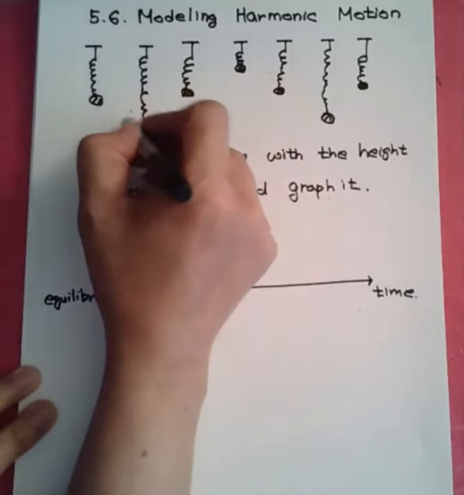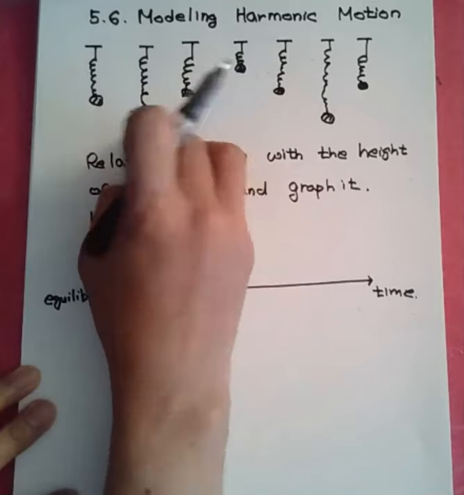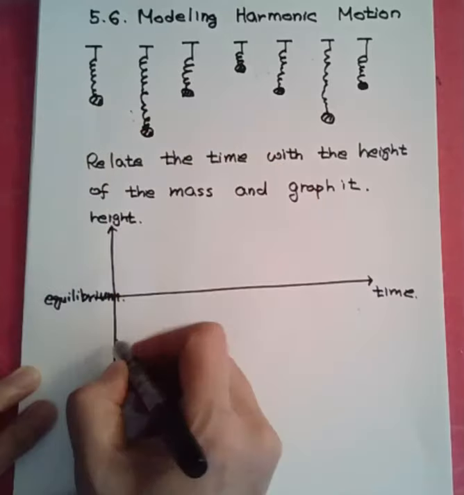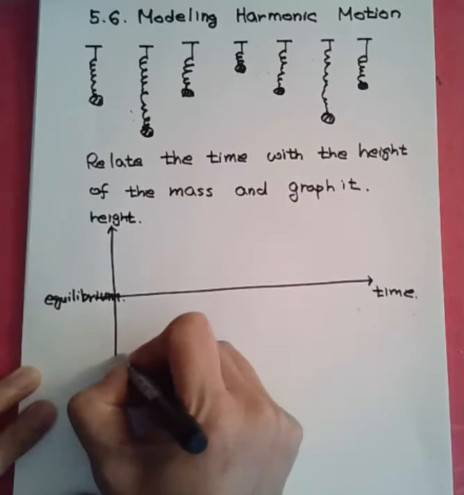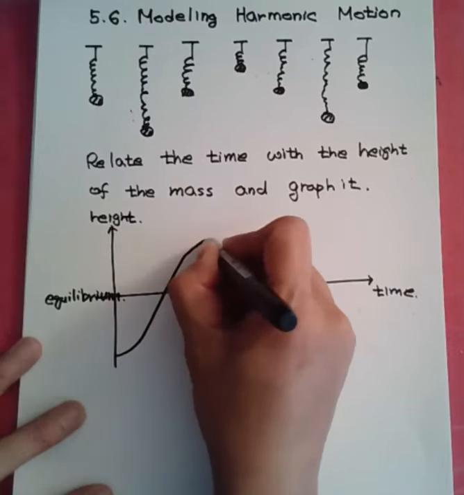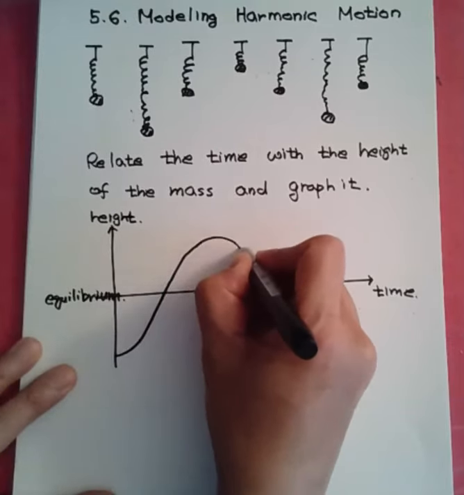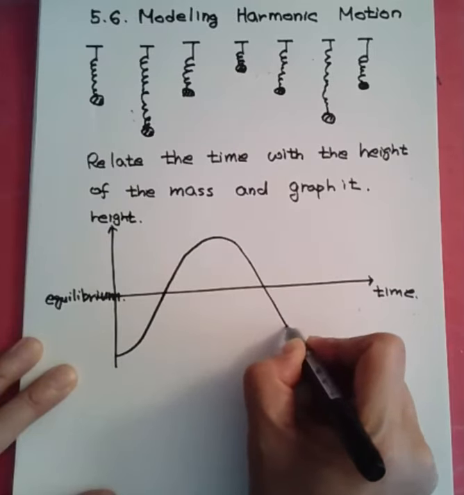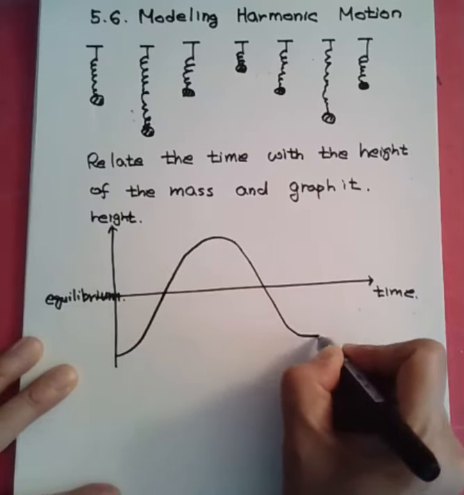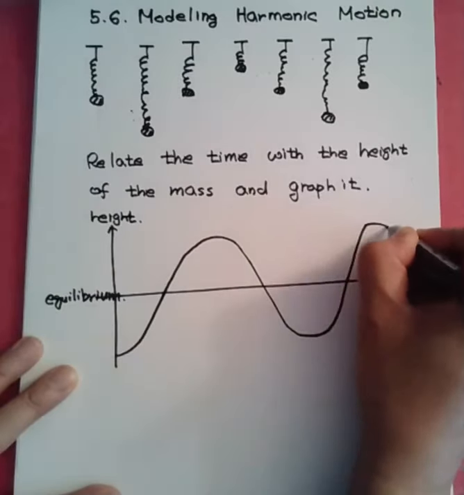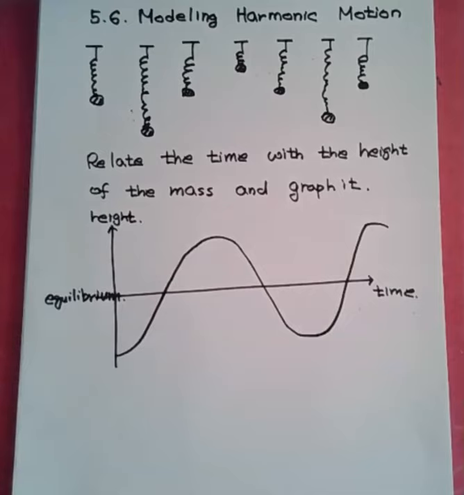I pull down the mass here, and then the motion will start from the lowest point, and then it'll pass the equilibrium point, and then it'll go up and start to go down and pass the equilibrium position and go to the lowest position and go up again. The motion will continue forever.